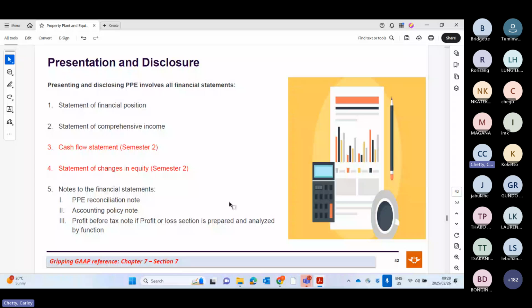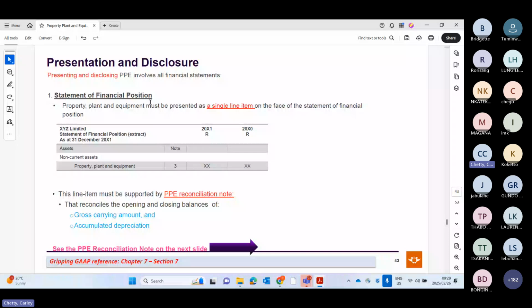Let's have a look at the statement of financial position. So what will go in the statement of financial position? The property, plant, and equipment must be presented as a single line item. Under assets, remember we'll have non-current assets and current assets. Property, plant, and equipment is a non-current asset and it will be shown as a single line item, and then it will be referenced to the property, plant, and equipment reconciliation note.